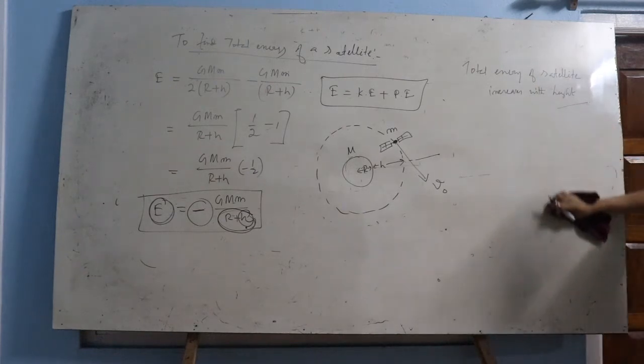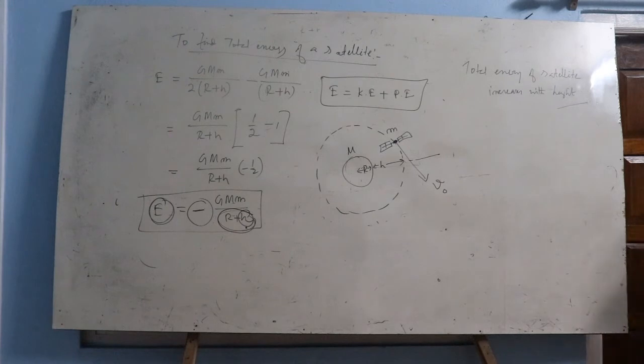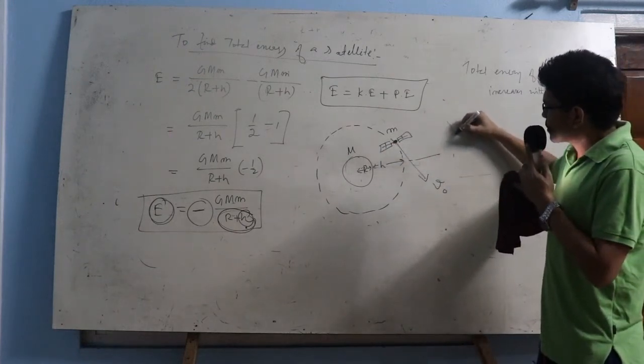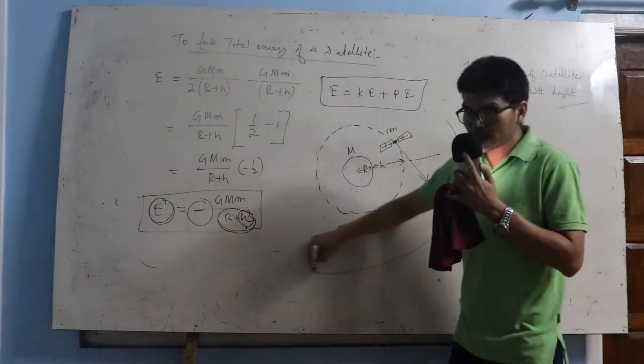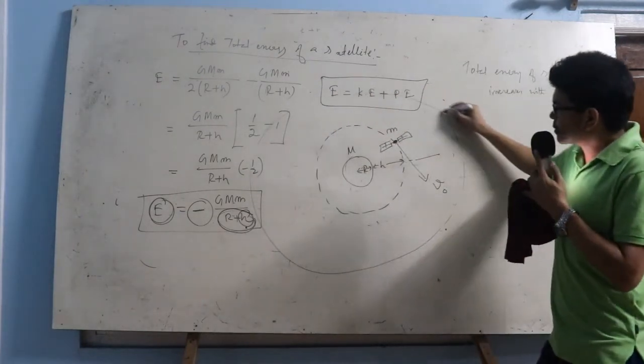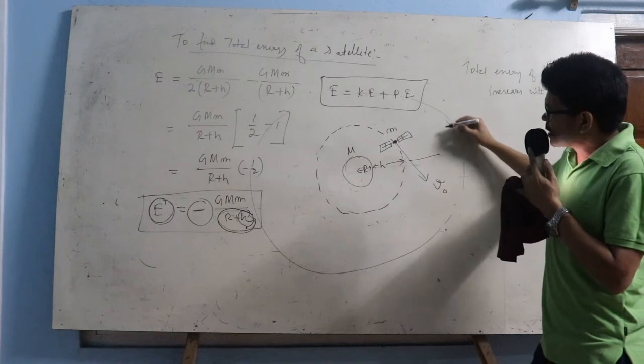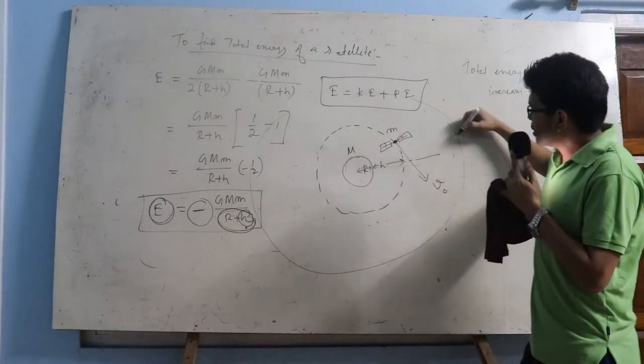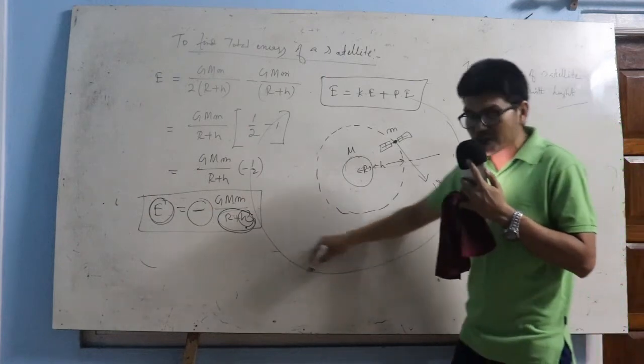But kinetic energy of the satellite will go on decreasing simply because when you keep the satellite at a farther place, the satellite orbital velocity will be decreasing. Last time I told you that. If satellite is closer, orbital velocity is very fast. If it is farther away, orbital velocity decreases.